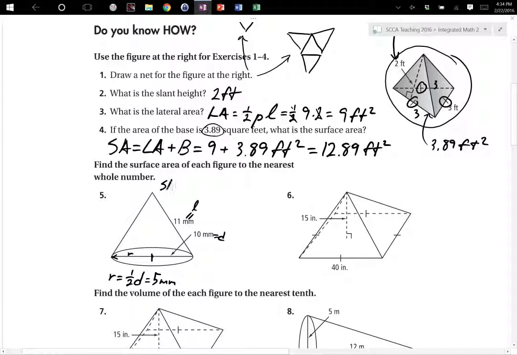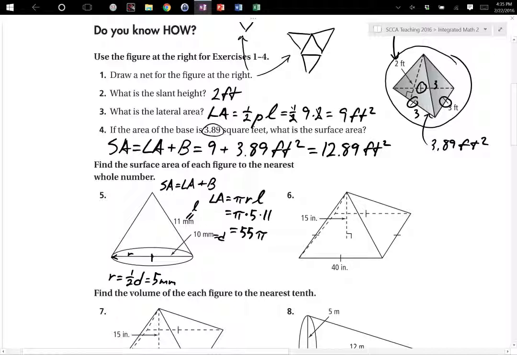So what's my surface area? It is the lateral area, once again, plus the base area. What is my lateral area? My lateral area is pi r times the slant height. Pi times r, what's my r? It's 5. What is my slant height? It is 11. So I get 55 pi.